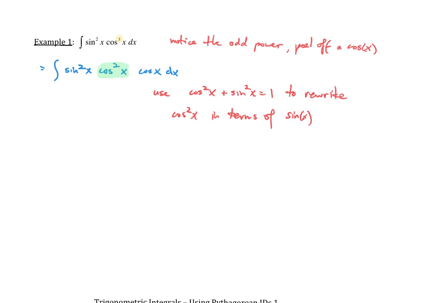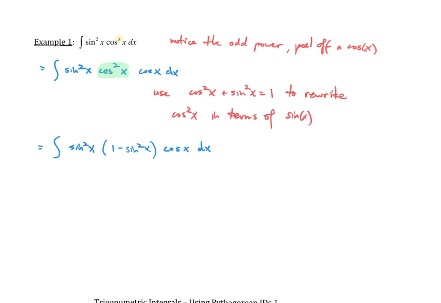So when we do this, we're going to have the integral of sine squared x. That part stays the same. But I'm going to replace the cosine squared x with 1 minus sine squared x. All right. Now we are in fantastic shape. Why are we in fantastic shape?